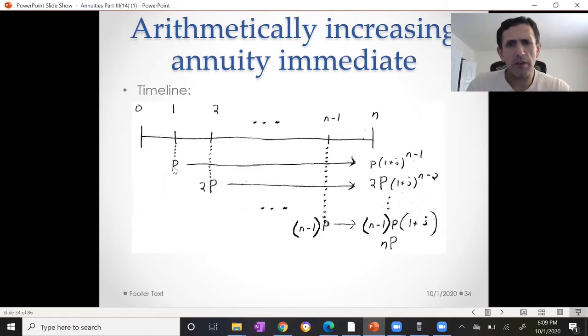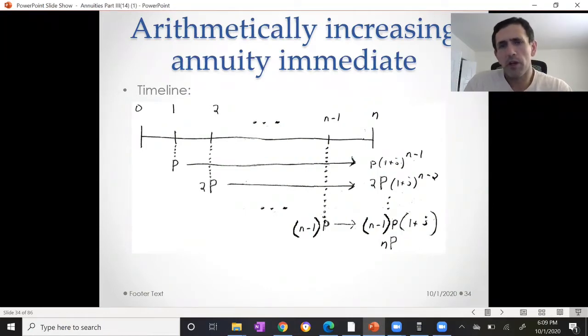The first payment, first deposit, is just P. As usual, that accrues n−1 periods of interest at a per-period interest rate of j, so it's P(1+j)^(n−1). The next payment is 2P. This accrues n−2 periods of interest, so 2P(1+j)^(n−2).